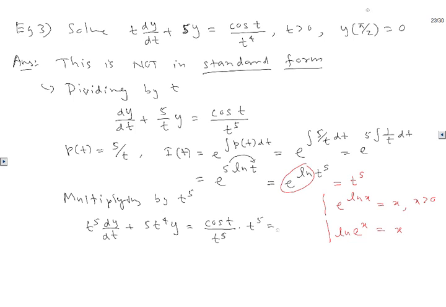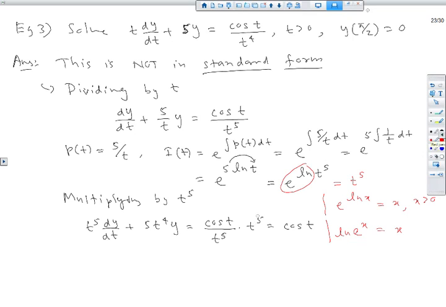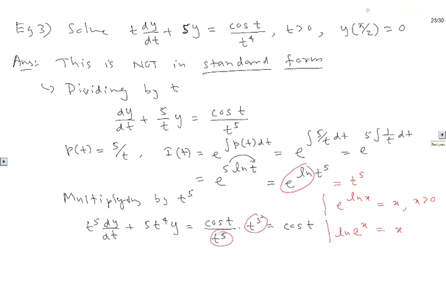That's very interesting. You're going to cancel out and you're only getting cosine t. These two terms are the same, so they cancel out each other and get cosine t.